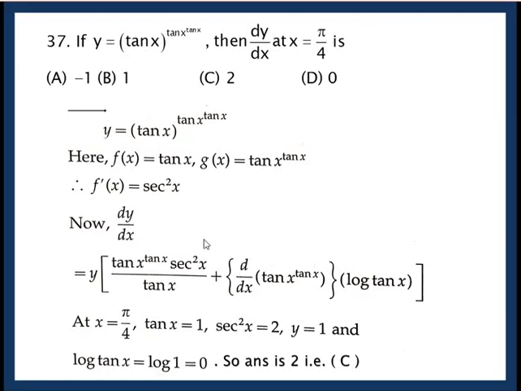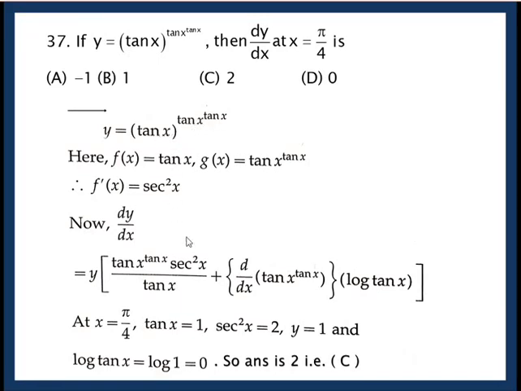Is that clear? I'll explain this part again. If y is f of x raised to g of x, then we have to perform logarithmic differentiation only, but it is not mentioned here. So it is y into tan x raised to tan x, because after taking log, this will be tan x raised to tan x log of tan x.